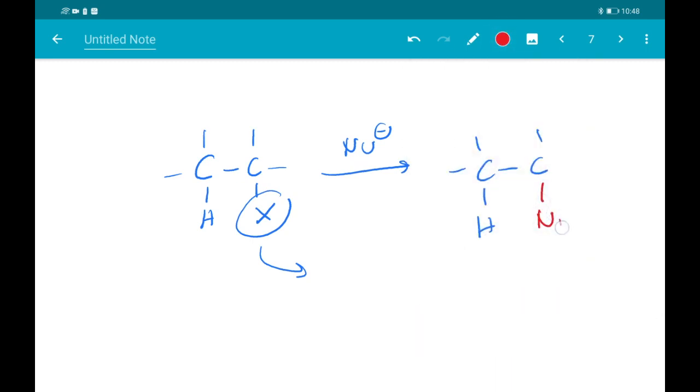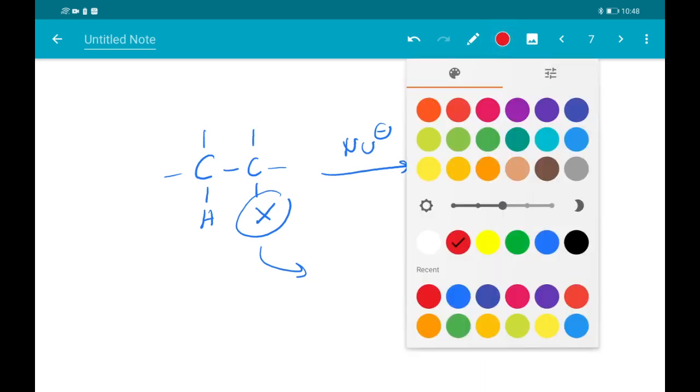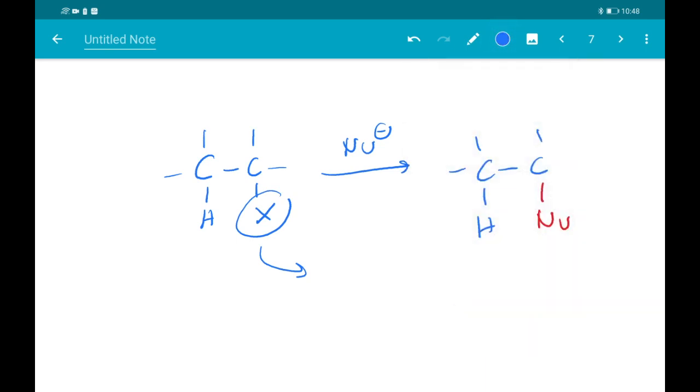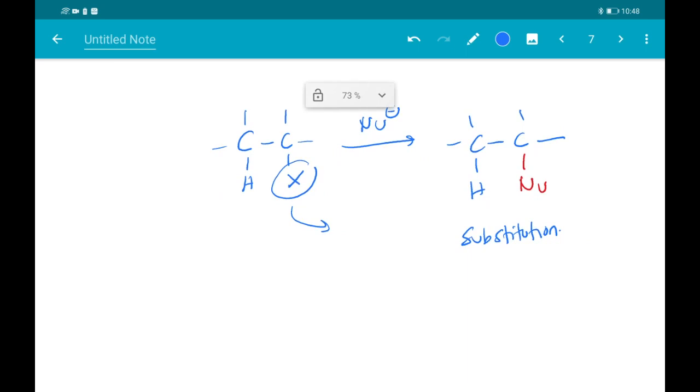we're going to attach it to the new nucleophile. Of course, there are other factors which are going to influence this reaction. For this reaction, this will be called substitution, or it can be abbreviated as SN.